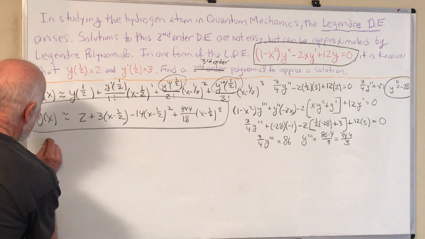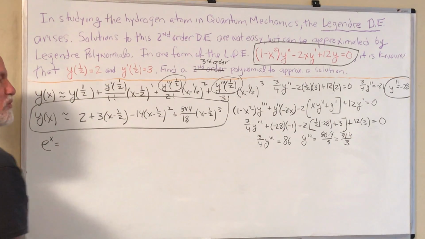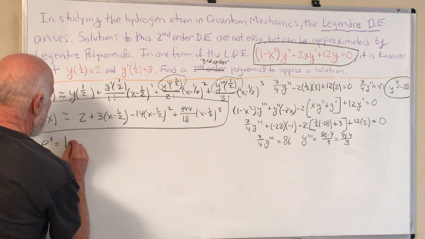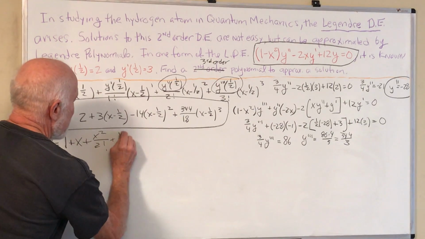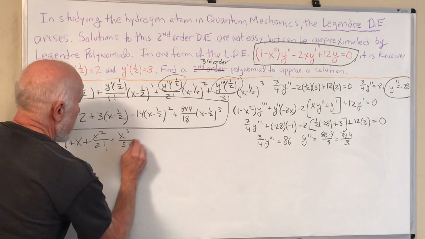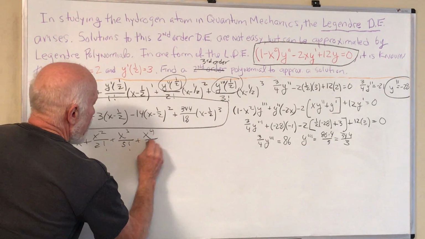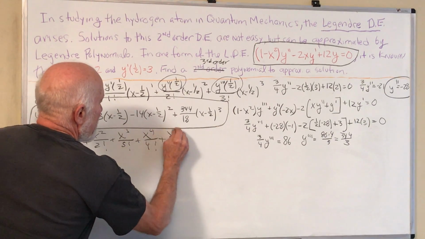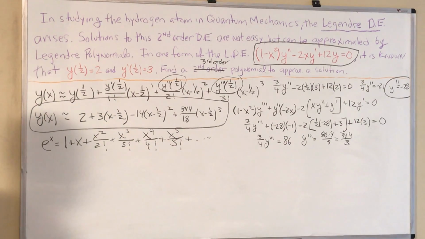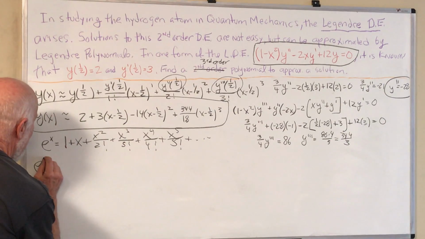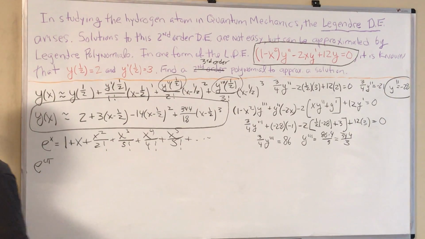So let's take e to the x, which now we should have memorized. 1 plus x plus x squared over 2 factorial plus x cubed over 3 factorial plus x to the 4th over 4 factorial plus x to the 5th over 5 factorial, and it keeps going. Let's plug in to x e to the I pi.